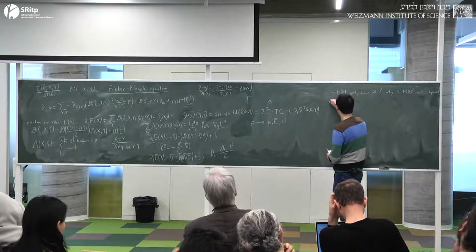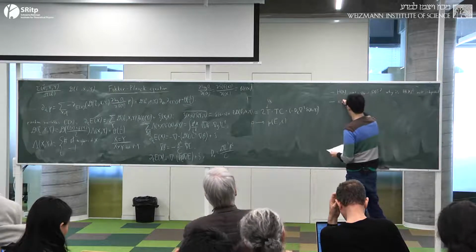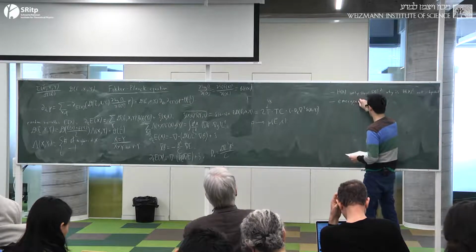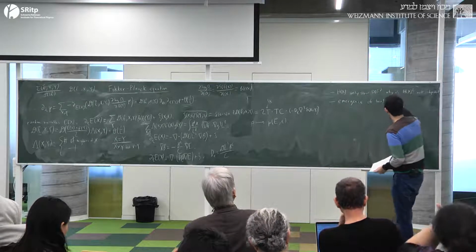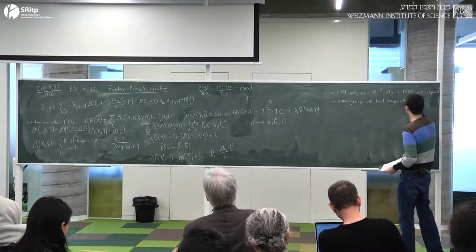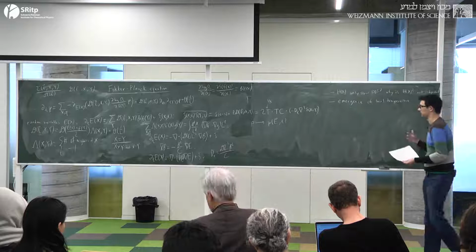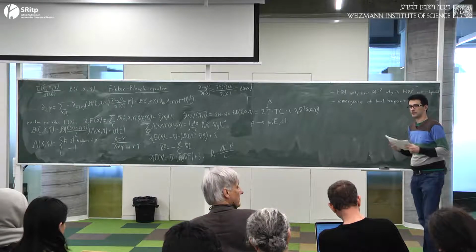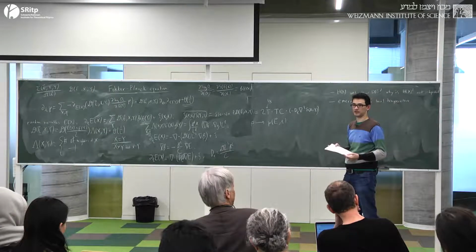Okay. The next thing that we'd like to show is the emergence of a local temperature. Typically, the canonical law in statistical mechanics is that temperature is strictly only well-defined in equilibrium.